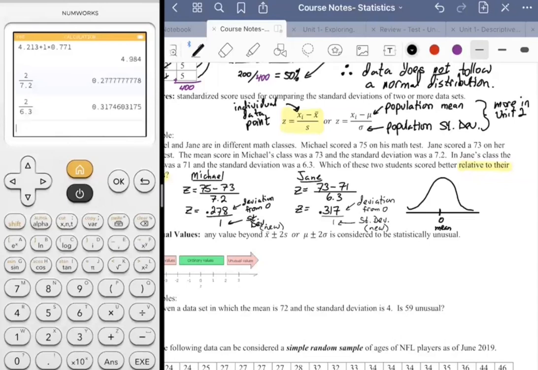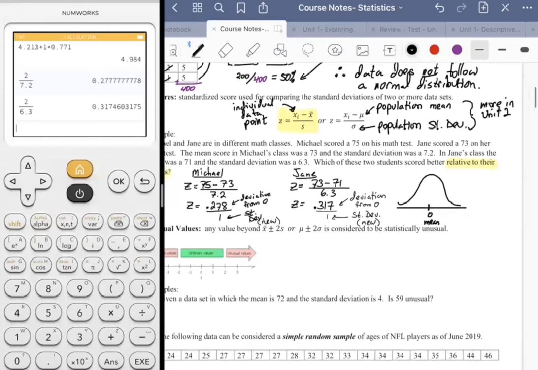All right. So now it becomes an apples to apples comparison. Right? They're on the same scale now. One of them was on the scale of standard deviation 7.2. The other was on a scale of standard deviation 6.3. Now they're both on a scale of standard deviation of 1.